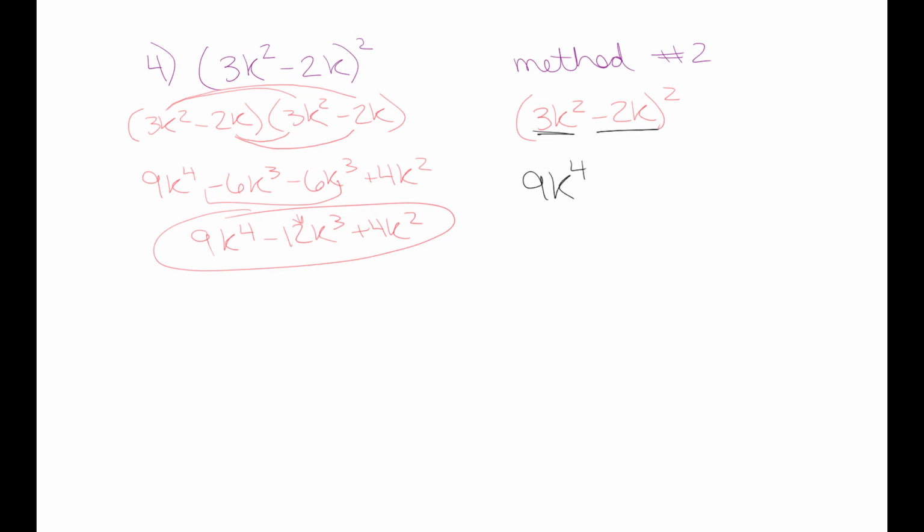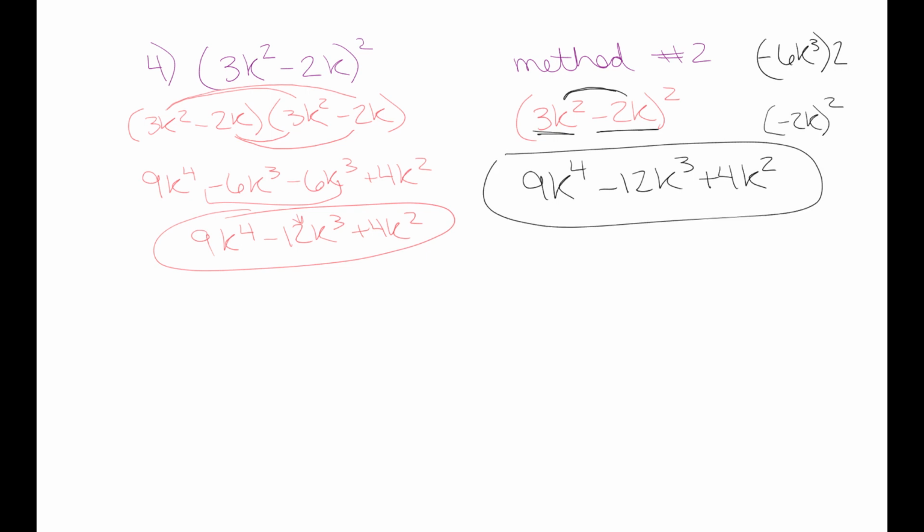I'm going to square this, so negative 2k squared would be a positive 4k squared. Then I'm going to multiply these together, so that would give me a negative 6k cubed, and if I double that, that would give me a negative 12k cubed. And there you go. You see that the answers match up right here. So we're done.